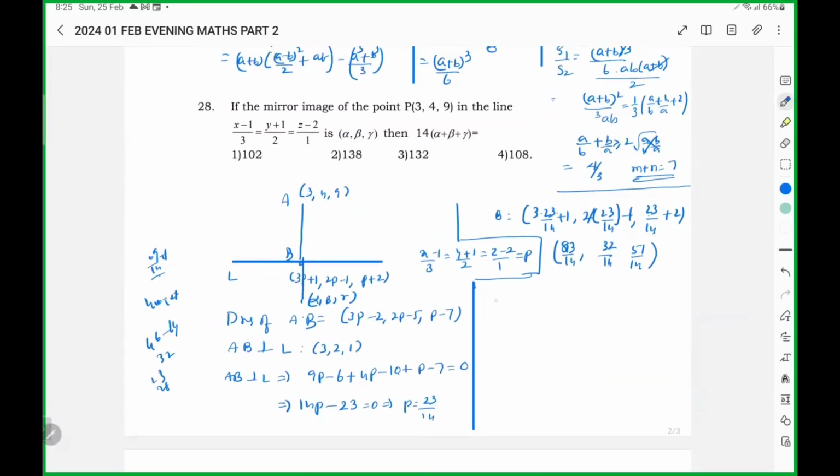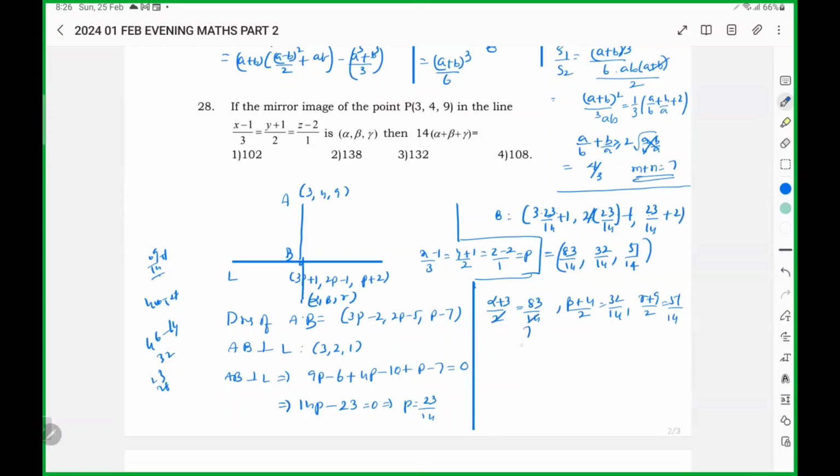Here it is alpha plus 3 by 2 is 83 by 14, which is equal to here 69 plus 83 by 14, 26 minus 14, 46, 32 by 14, 51 by 14. Beta plus 4 by 2 is this. Gamma plus 9 by 2 is 51 by 14.